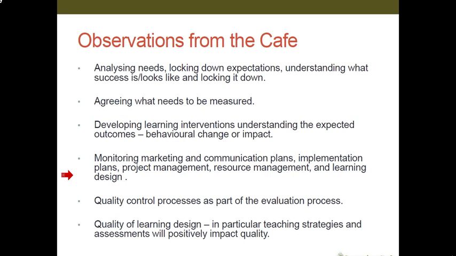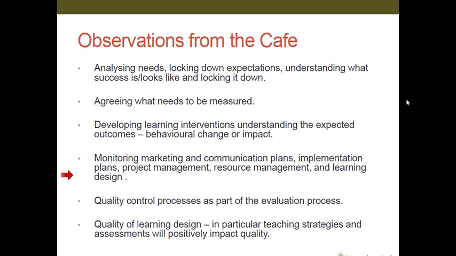The bottom three points generally point to the quality-based issues, and we often forget about the formative side of things, in terms of making sure that as we develop the whole learning program, we're taking into account all the other issues.